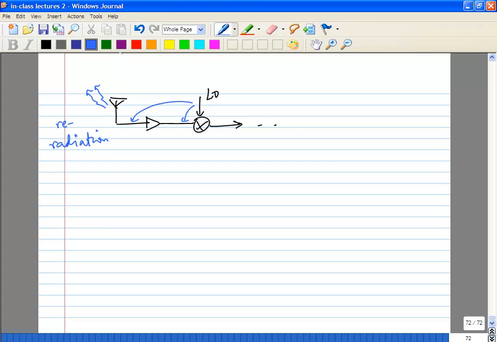One more problem is in what are called homodyne receivers or direct conversion receivers.